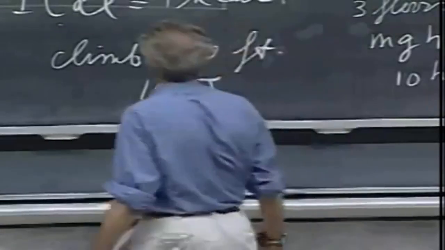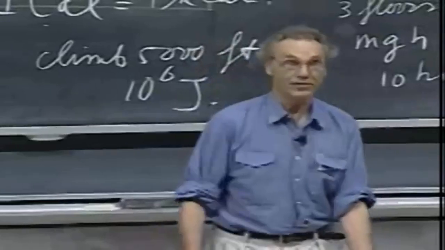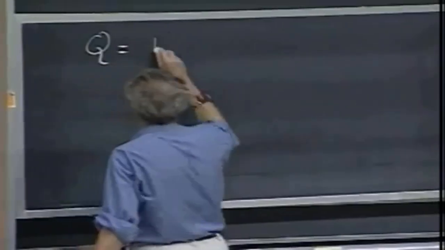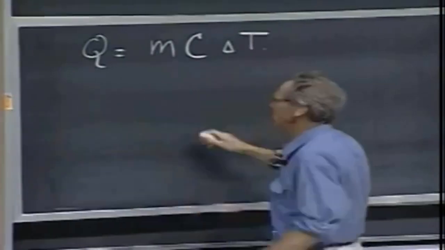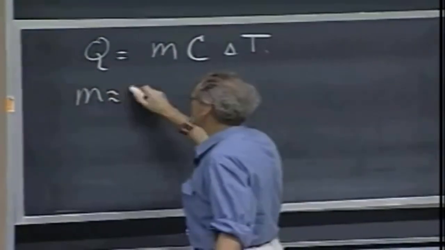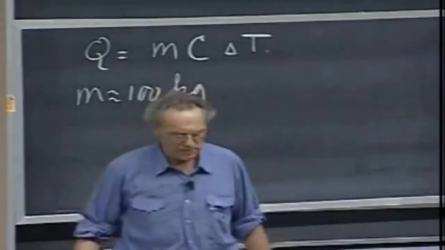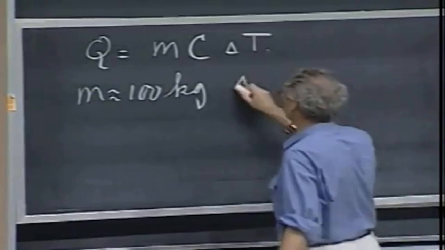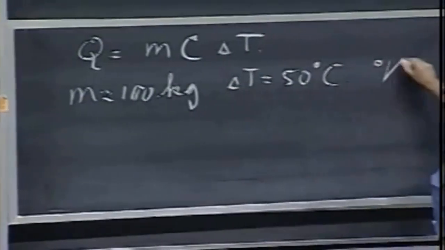Suppose I wanted to take a bath, and I want to calculate how much energy it takes to heat a bath. A wonderful thing to have. Well, we now know how to do that. Q is the number of calories. M times C times delta T, that's the equation. A bath would contain about 100 kilograms of water. That is about 28 gallons. And let us assume that the temperature increase is about 50 degrees centigrade, which is the same as 50 degrees Kelvin.